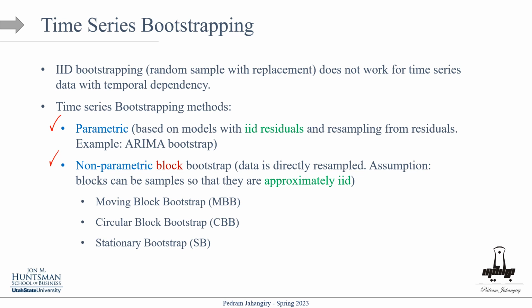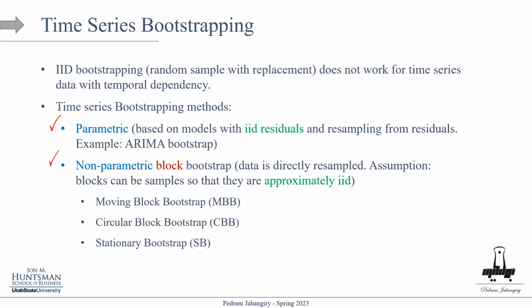The second approach is non-parametric, right? In non-parametric, we call them block bootstrap, and it is where the data is directly resampled. The underlying assumption is that these blocks can be sampled so that they are approximately IID.